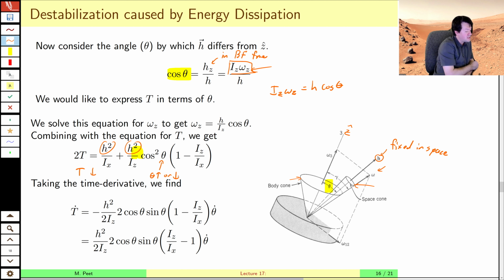And so to do that, we're going to take the derivative in time. And well, this just becomes T dot. That's pretty easy. h is fixed, so it has no derivative. That constant term disappears. This is constant, nothing happens. So we just need to take the derivative with respect to cosine squared theta. And this term is, of course, constant, so it doesn't change either.